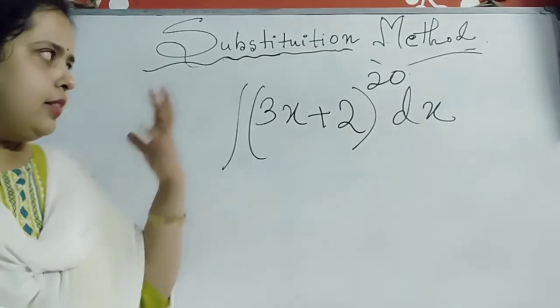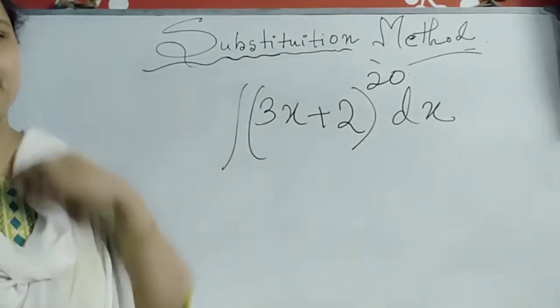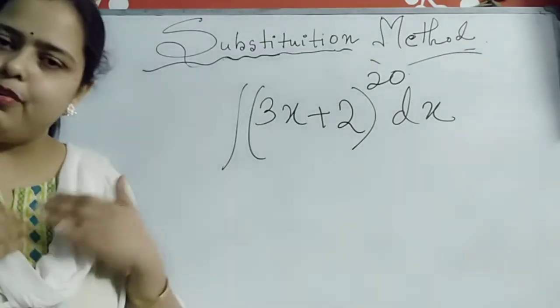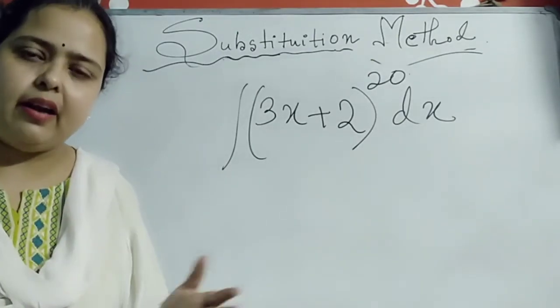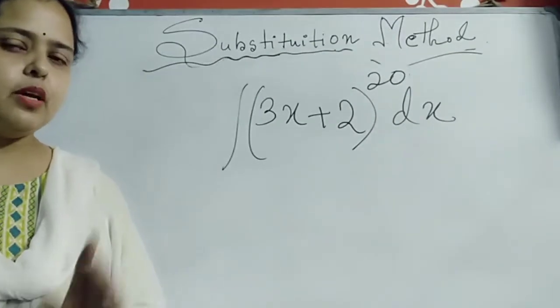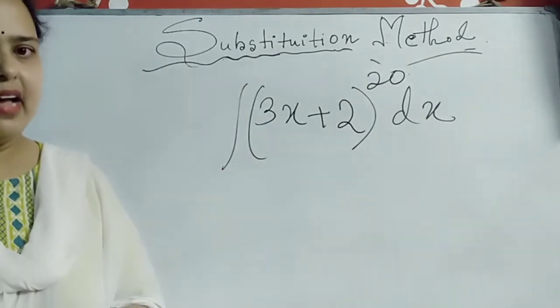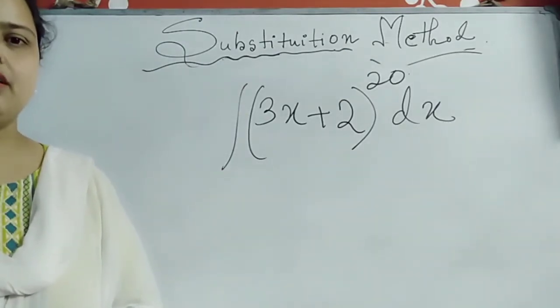Similarly, the power goes on increasing. It is not possible for us, neither for you nor for me, to expand it and then solve. So for this type of problem, we use the very nice technique of the substitution method.